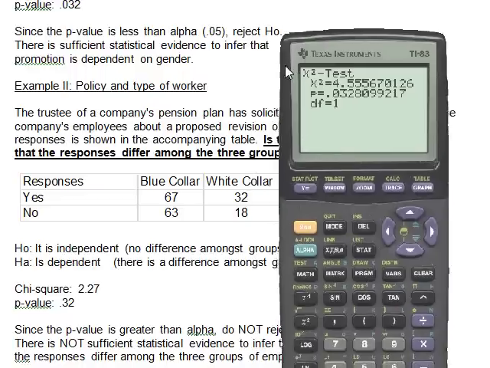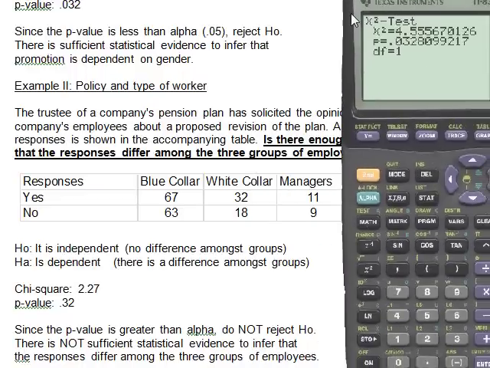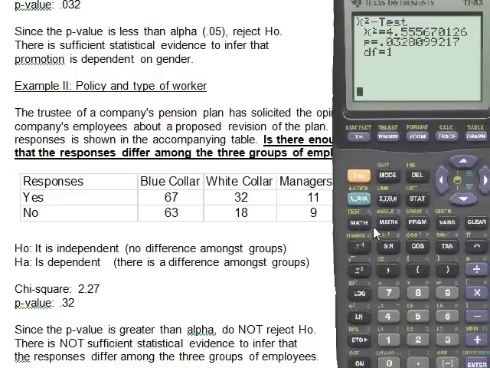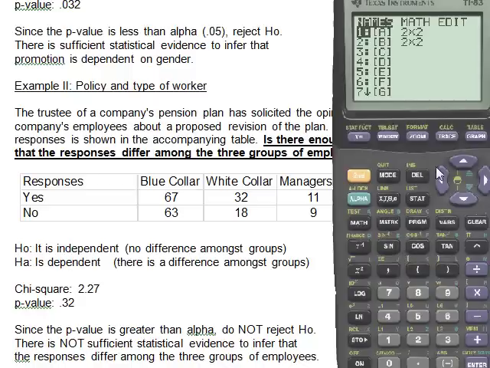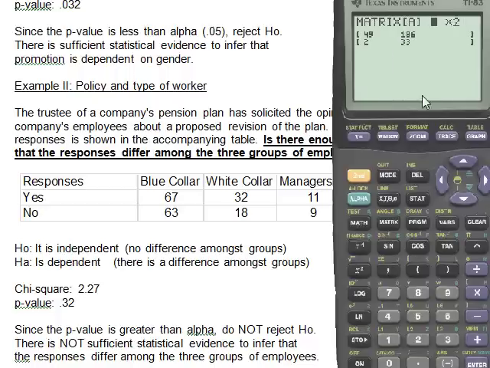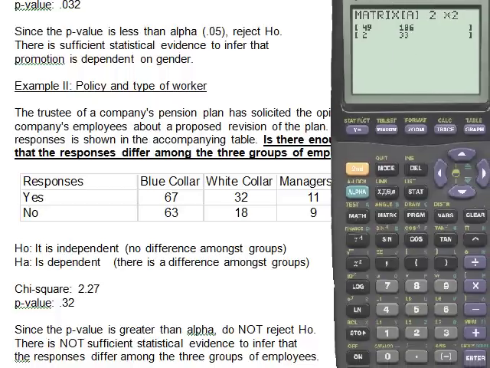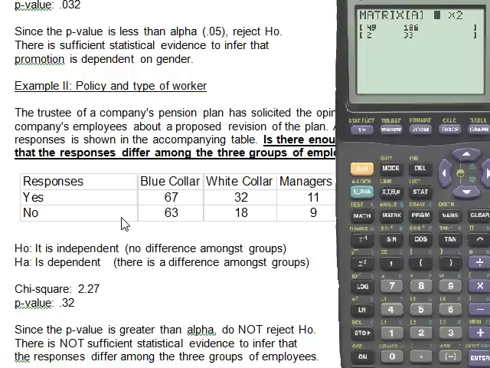So let me show you how to do that on the calculator. Okay, so there's our data, and here's our calculator. Again, we have to go to matrix, right? So here's matrix on this calculator, and we'll edit this one. Enter. It goes by rows and columns. How many rows and columns?